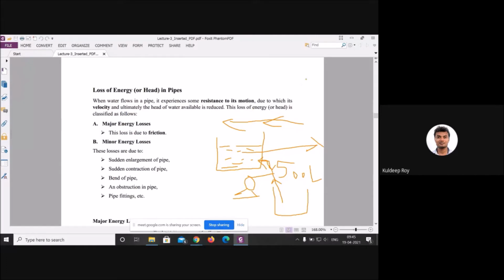If it is a horizontal pipe, say there is one reservoir and you want to flow fluid from this position to this position, it will require some kind of pressure.